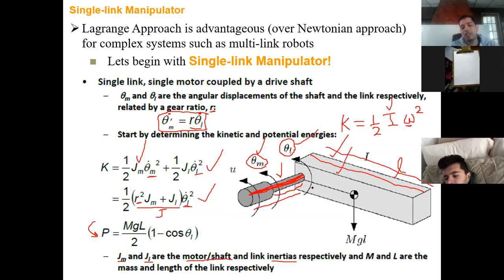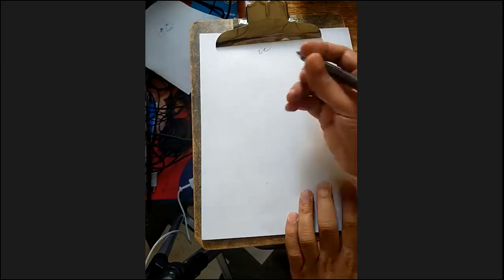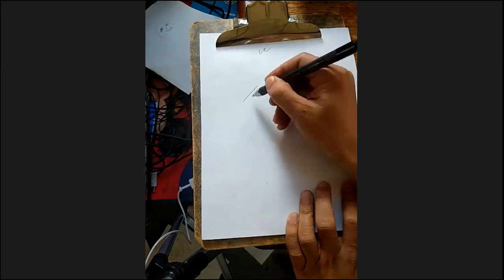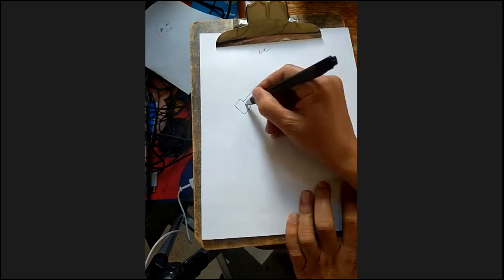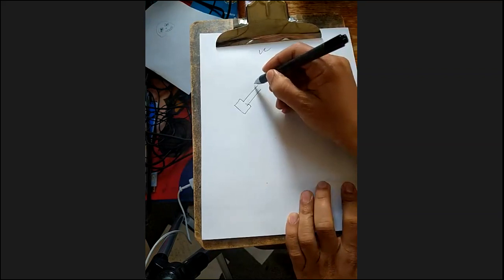This rotates like this. Let me stop this sharing and take you to the other view. What I meant is this. Because we have a motor and shaft, and the thing is, I cannot do the nice picture.